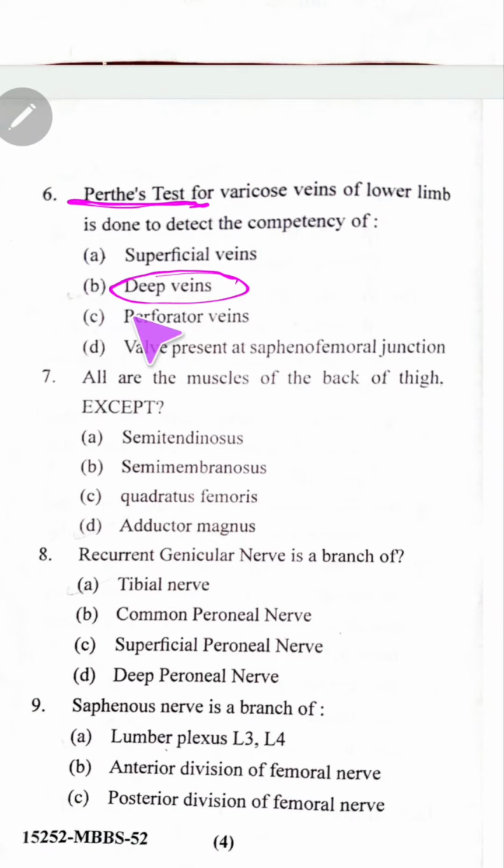But if there is venous incompetency or thrombosis of the deep veins, this person will start feeling severe agonizing pain in the calf, because the gastrosoleus is trying to push up the blood, but there is valvular incompetency or thrombosis of the deep veins. So that is about the Perthes test.